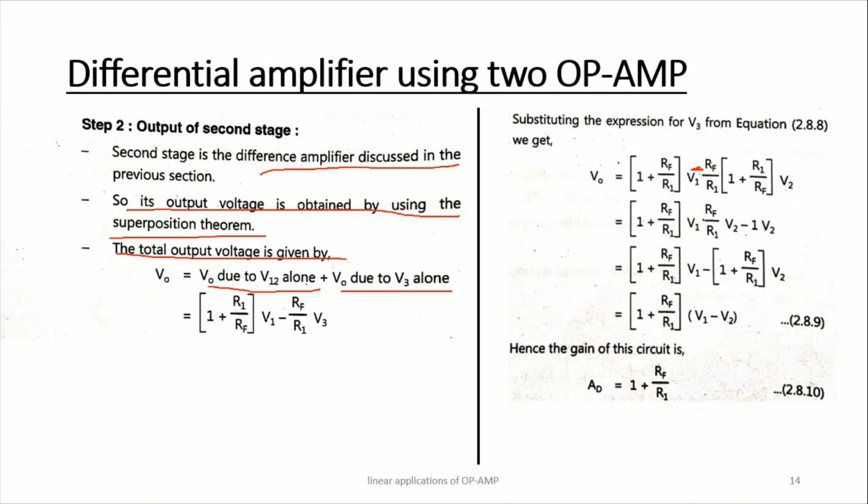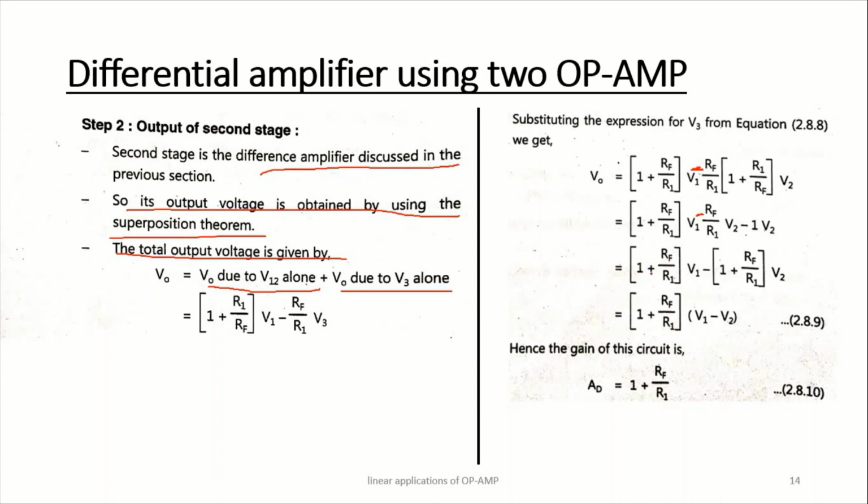Multiply RF by R1 into the bracket. So RF by R1 into V2, minus RF by R1 into R1 by RF cancels out, so only V2 remains.